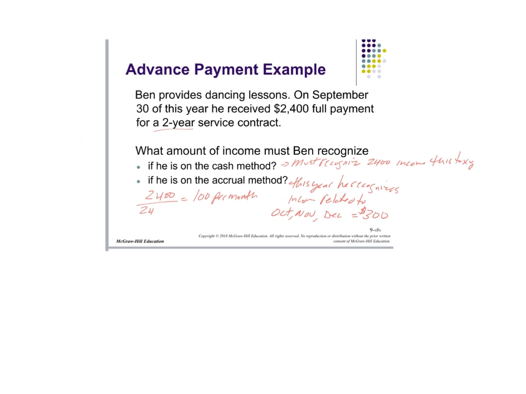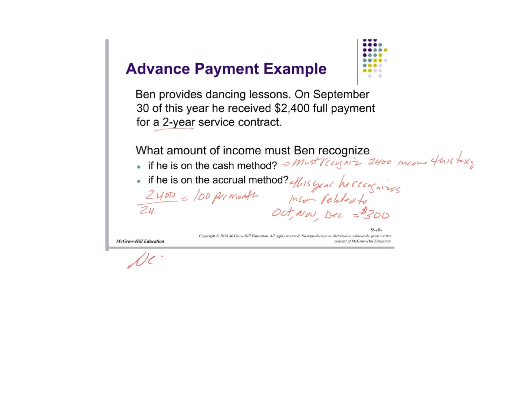All right. Next year, he recognizes the rest of it. So 2,400 minus 300, which equals $2,100. Okay. So that's Ben and his dancing lessons.